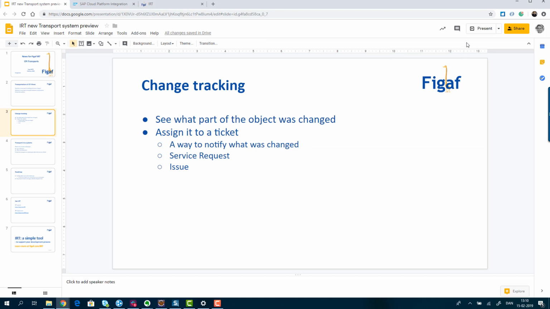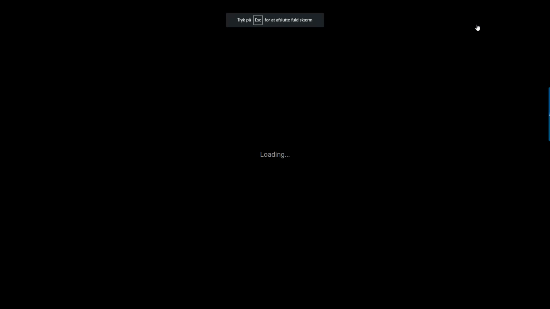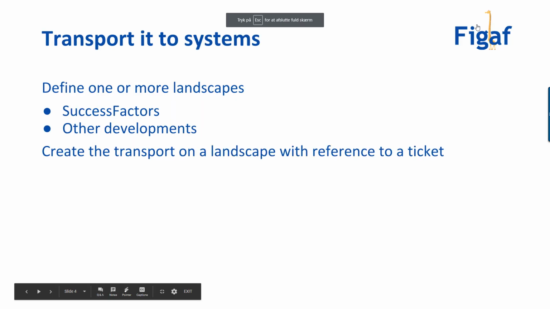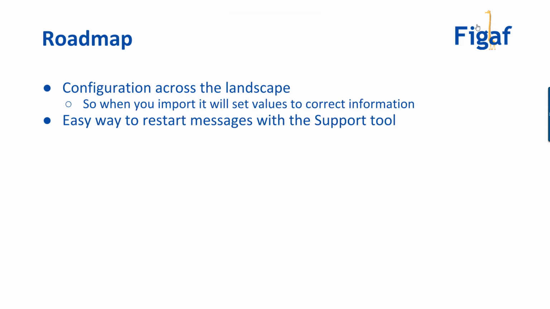So that was just what I wanted to share with you. You can define transport systems. One of the things we have on the roadmap that we still need to deliver before this makes a lot of sense is to have one table where you can configure, for each iflow, what it should be like in the full landscape.